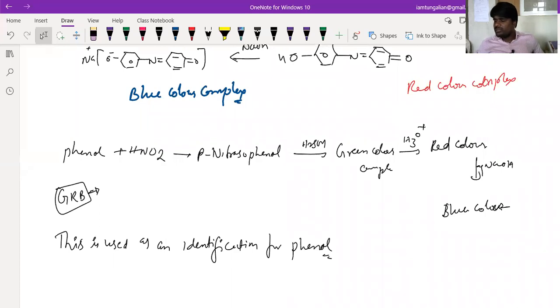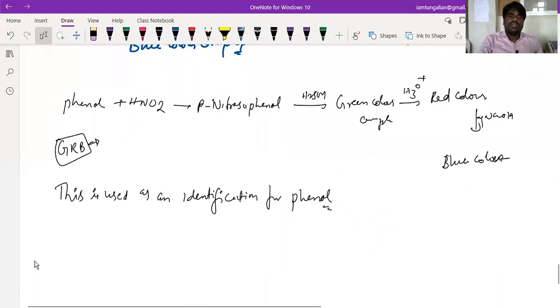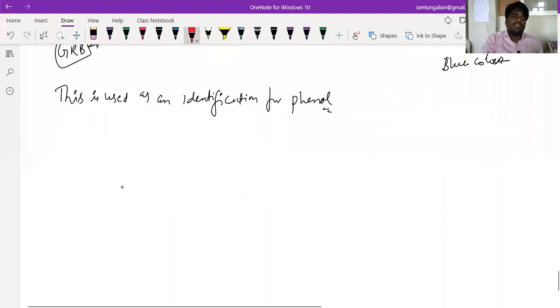And these are some of the important reactions, beta. If you're talking about the tests of phenol, as I told you, this is also one of the important concepts. Tests of phenol, beta. How can phenol be identified?